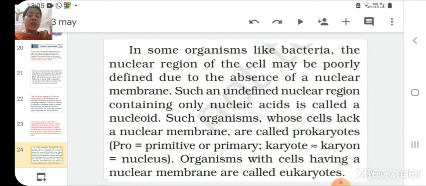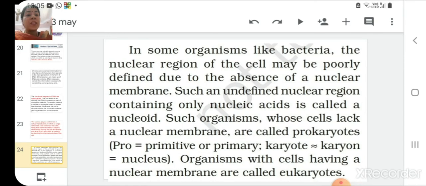Whereas in the case of some bacteria and other prokaryote organisms, the nuclear region or the genetic material is not properly packed in any membrane. It is not organized, it is not defined. Such genetic material is known as nucleoid, and it is present in prokaryotes.